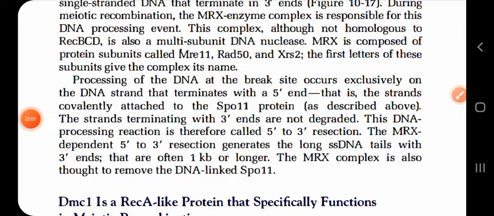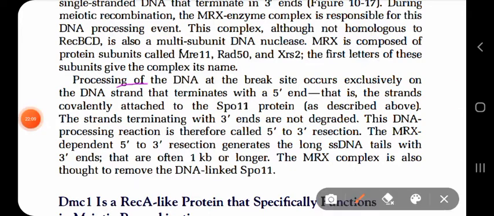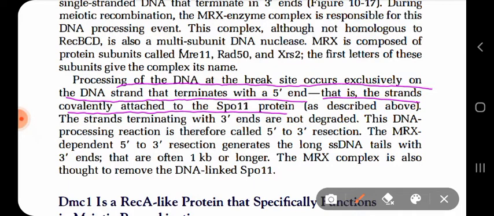Now, processing of the DNA at the break site occurs exclusively on the DNA strand that terminates at the 5' end. That is the strand that is attached by the SPO11 protein. So at the 5' end, it is covalently attached by the SPO11 protein. Now the strand which terminates at the 3' end has an OH group and is not degraded.